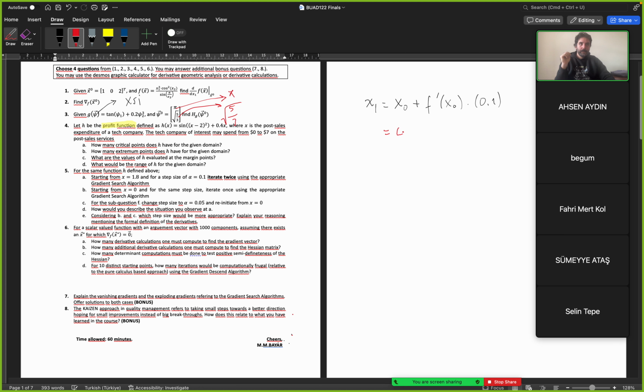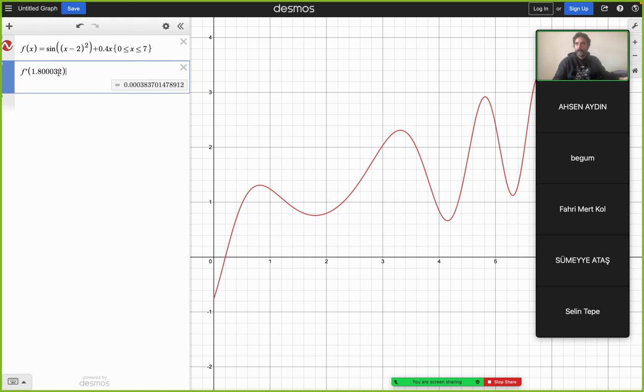Plugging in 0, f prime is roughly 3.015.